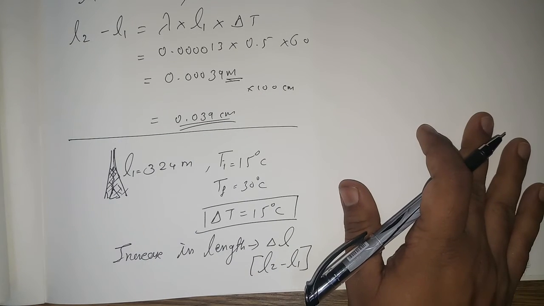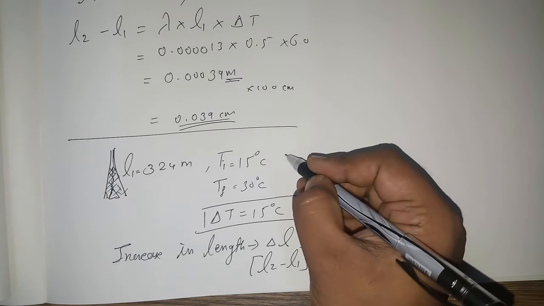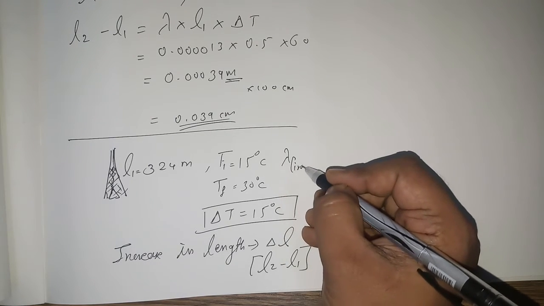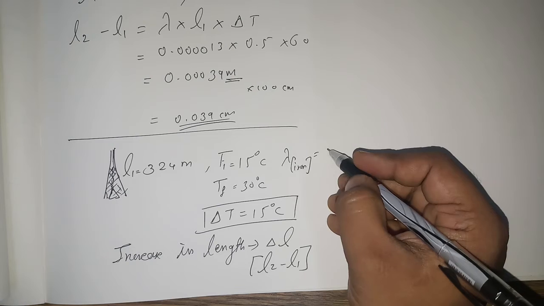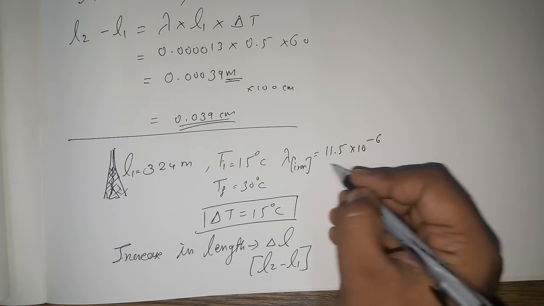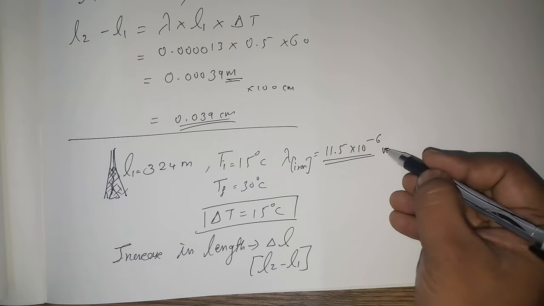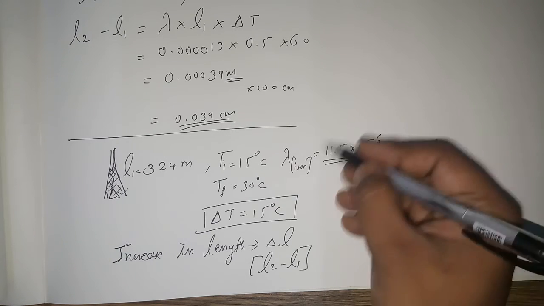So let's put the formula. They have given the value of lambda for iron. That value is 11.5 into 10 raised to minus 6, this is in meters.